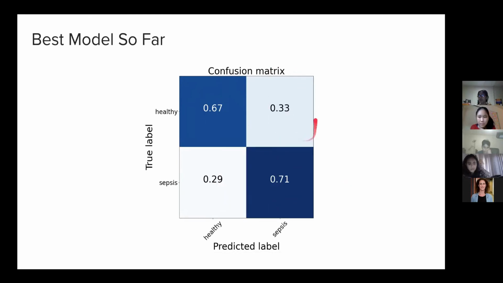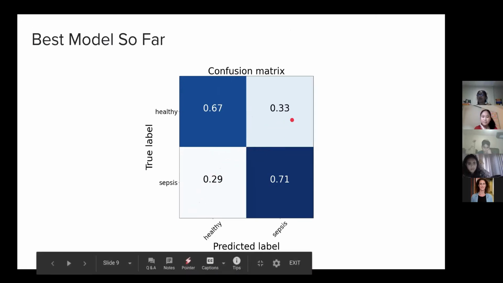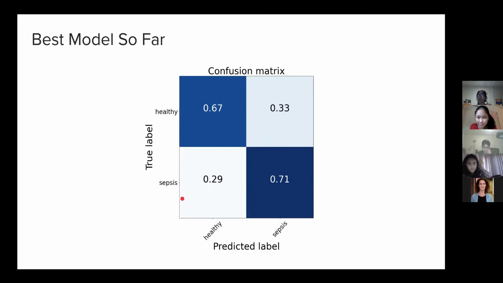It depends on whether you call healthy positive or negative, but these two boxes here are the false positives and the false negatives. That tells us whether a patient who is actually healthy, we identify as septic, or vice versa.